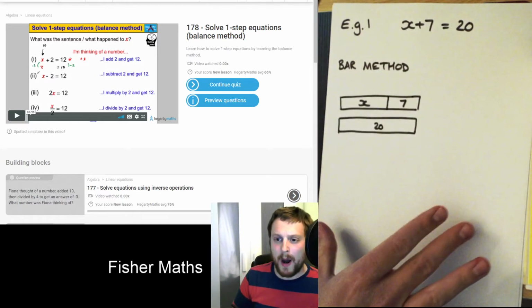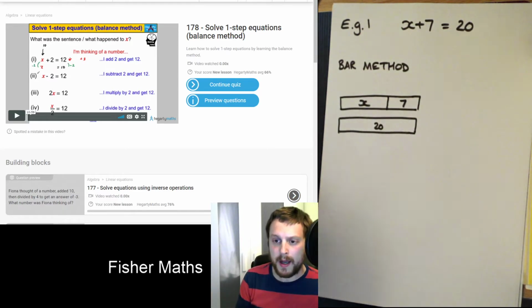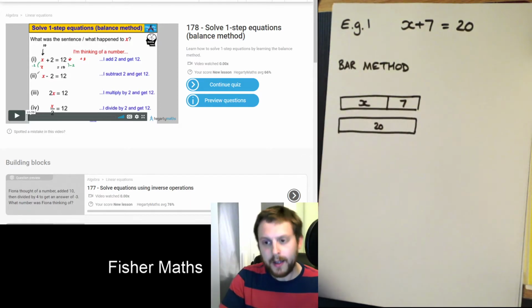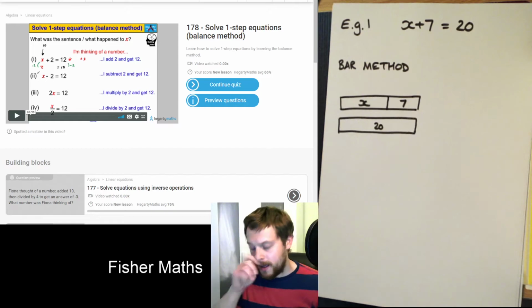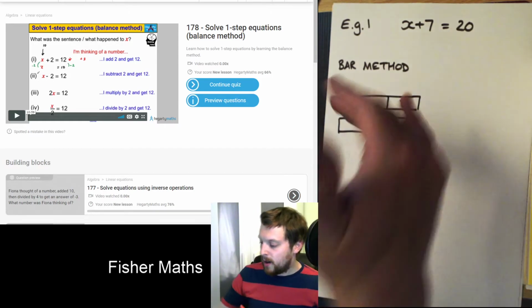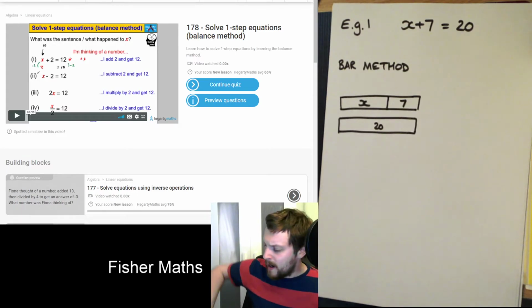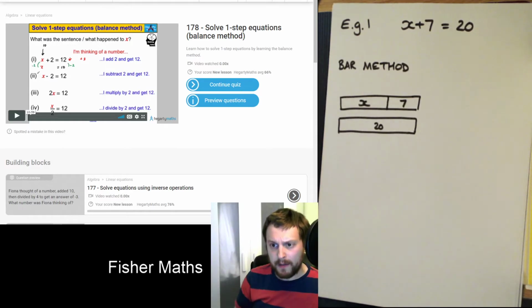I'll show you another bar method example with a harder question in a bit. I'll just focus on this one for now, just to show you what we now do. So what we do is we line up things that we can, almost with a pair of scissors, chop off and get rid of.